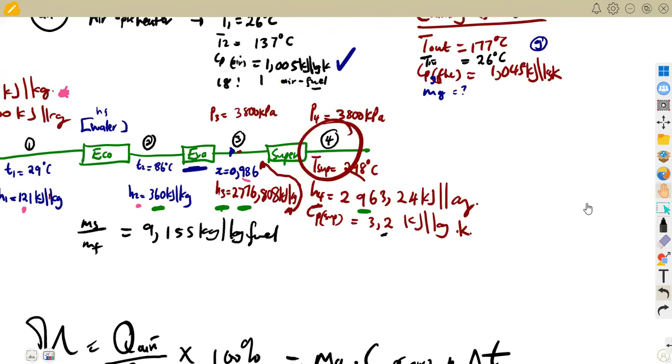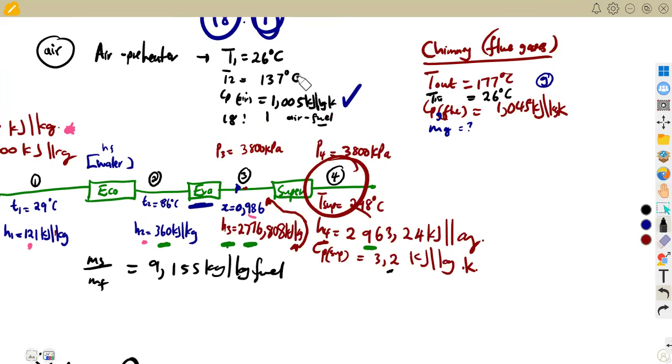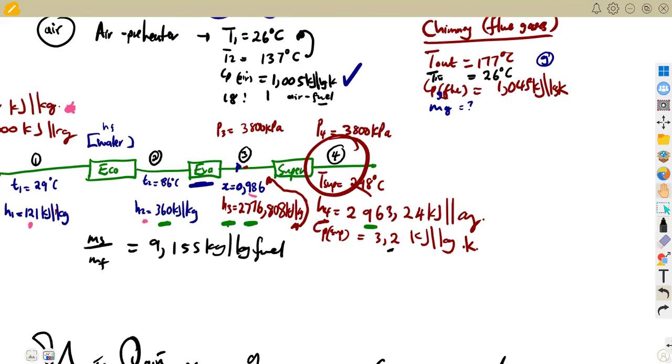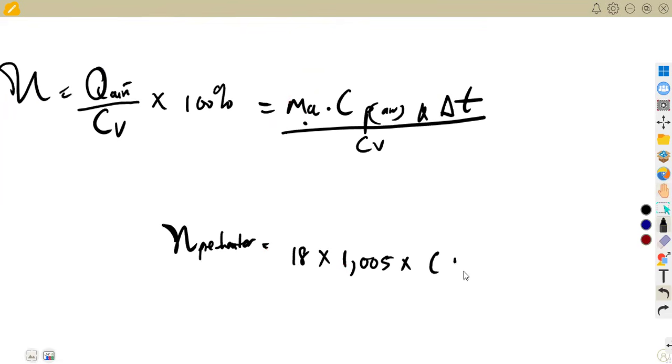At the air preheater, we are given T2 and T1, 137 from a temperature of 26. So we subtract 137 minus 26. So this is the heat that we have in the air.